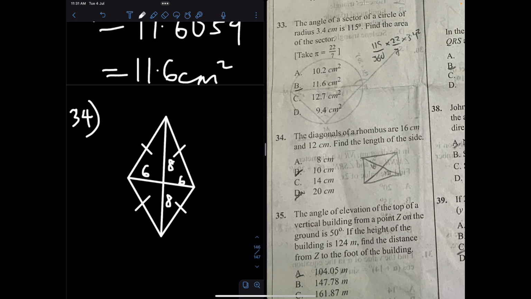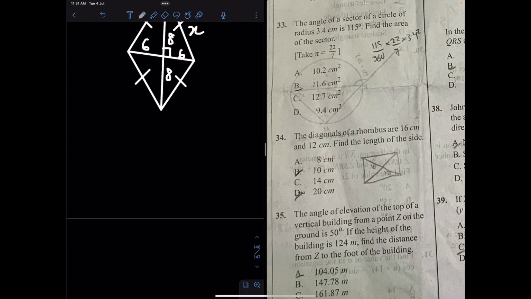So to find the length of the side of a rhombus, let me call the length of the side x. I know that this is a right angle triangle. This is a right angle. So if I bring out that right angle triangle, this is what I'm going to have. This is 6 centimeters. This is 8 centimeters. And this is x.